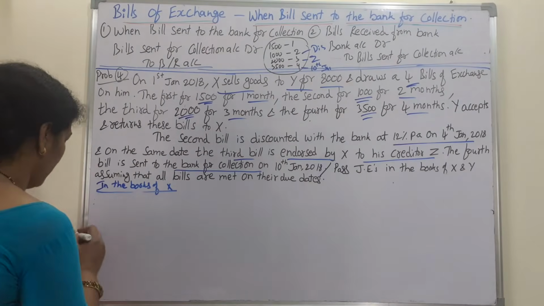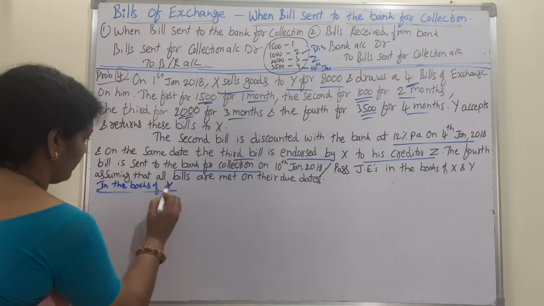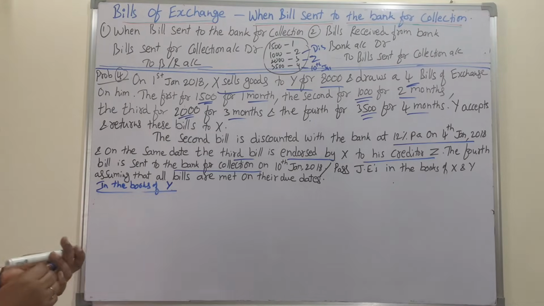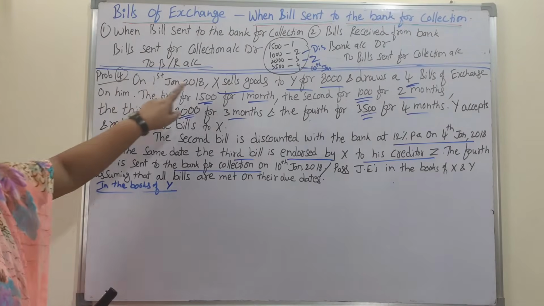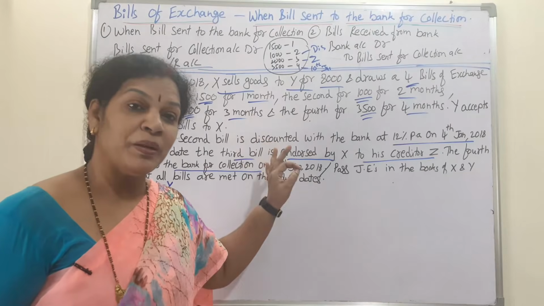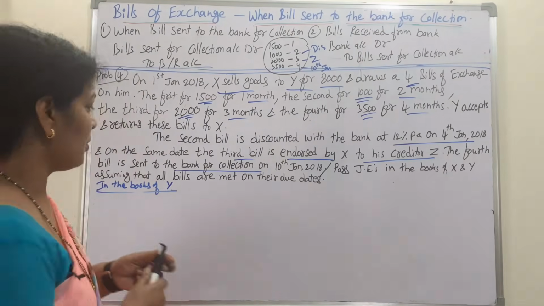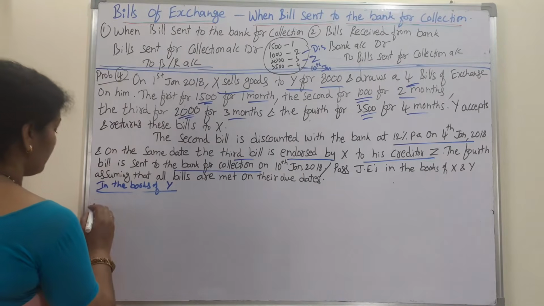In the books of Y we'll write. In the books of Y, first one is that X is selling goods and Y is purchasing. When Y is purchasing, the entry is purchases account debit to X account, on 1st January.